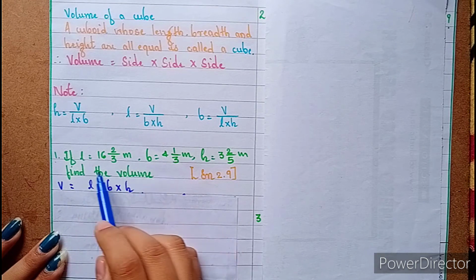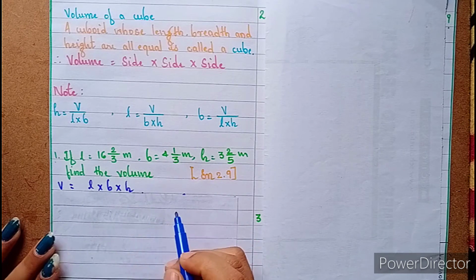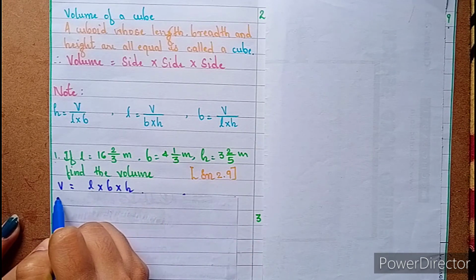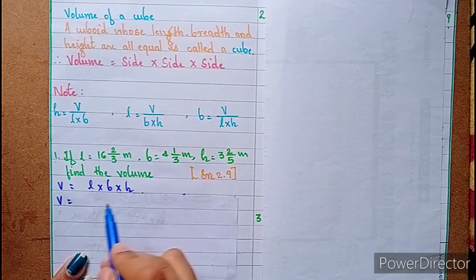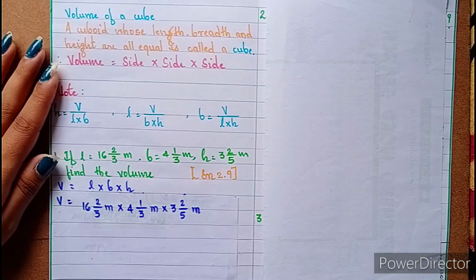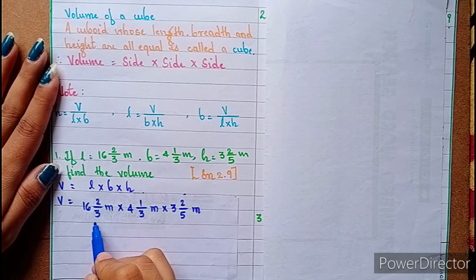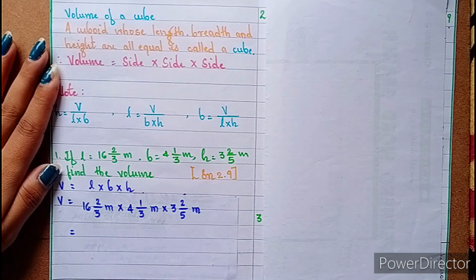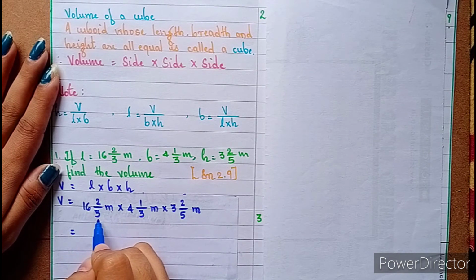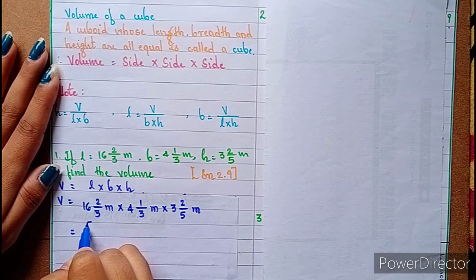As they have given three measures L, B and H, that means it is a cuboid, isn't it? So let's write the given things. Let's substitute these values here. Now, as it is a mixed fraction, let's convert it into an improper fraction and then we shall multiply. 16 3s are 48 plus 2 is 50, so this will become 50 upon 3 meter.